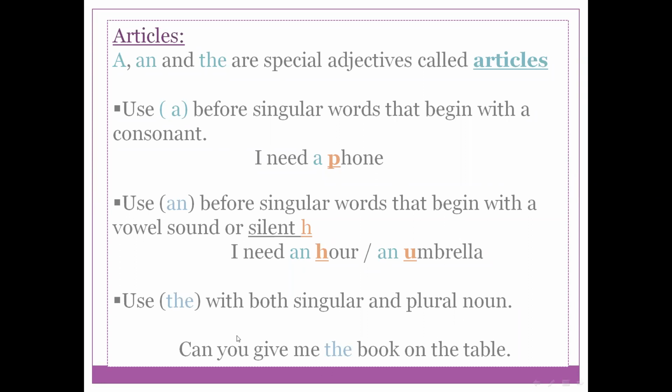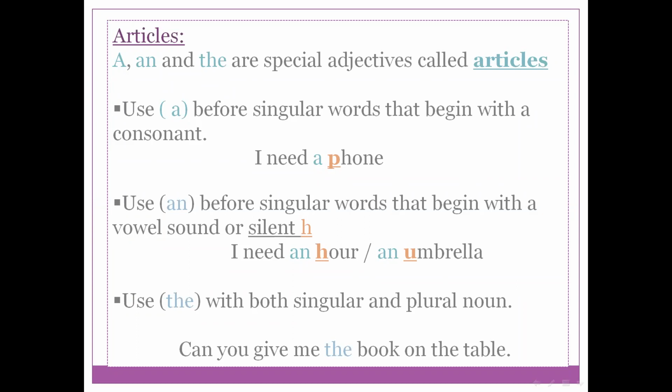Let's move to the. We use the with both singular and plural nouns. Can you give me the book on the table? And I can also say, can you give me the books on the table? So we can use the with singular and plural nouns.